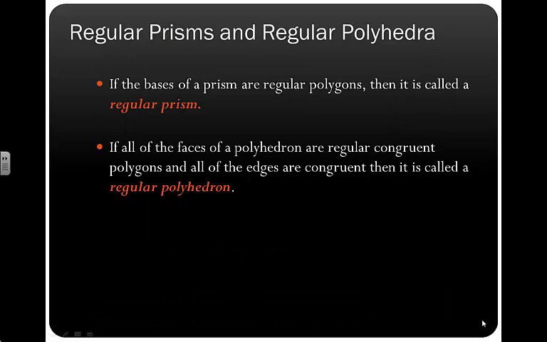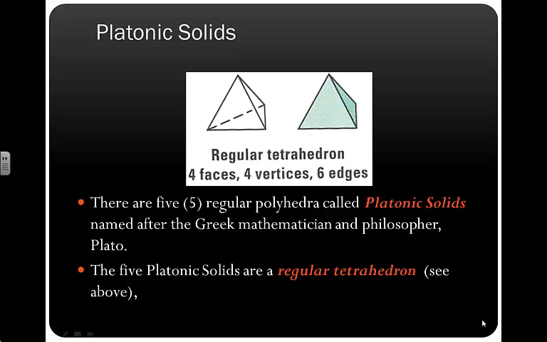All right. If the bases of a prism are regular polygons, then it is called a regular prism. If all of the faces of a polyhedron are regular congruent polygons and all of the edges are congruent, then it is called a regular polyhedron. All right. So, there are 5 regular polyhedra called Platonic solids, named after the Greek mathematician and philosopher Plato. The 5 Platonic solids are regular tetrahedron.